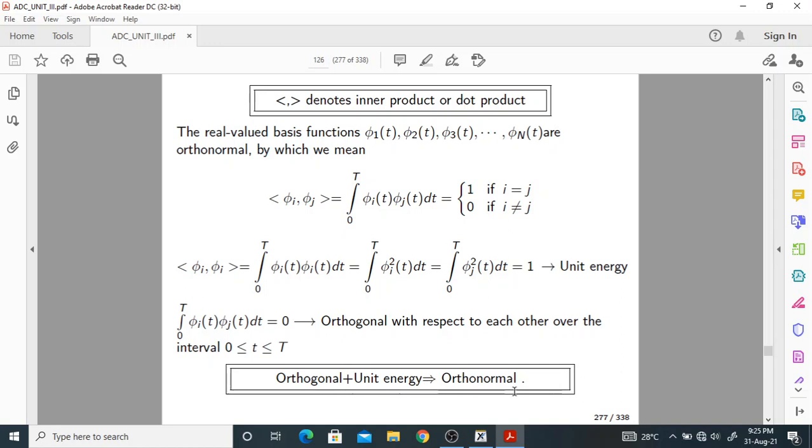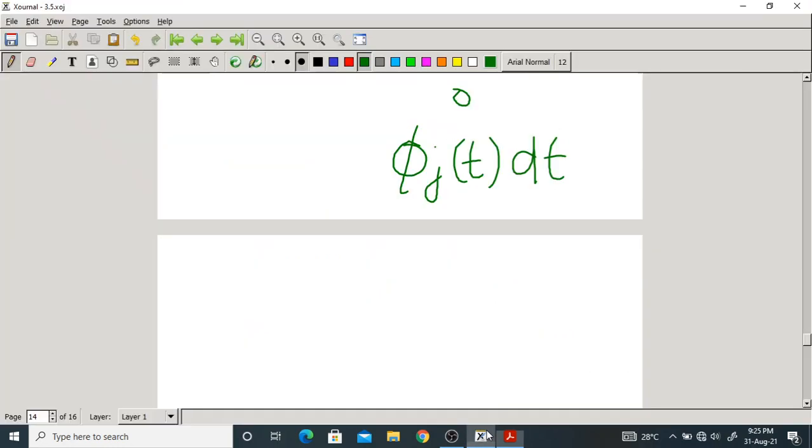So they are orthogonal. Not only that, they have unit energy. Each and every basis function should have unit energy, and it should be orthogonal with respect to the other basis functions. Simple logic.